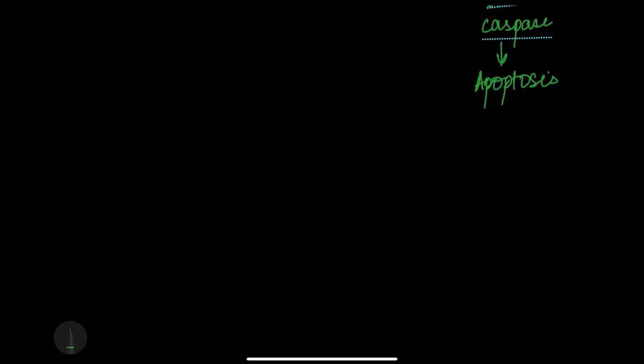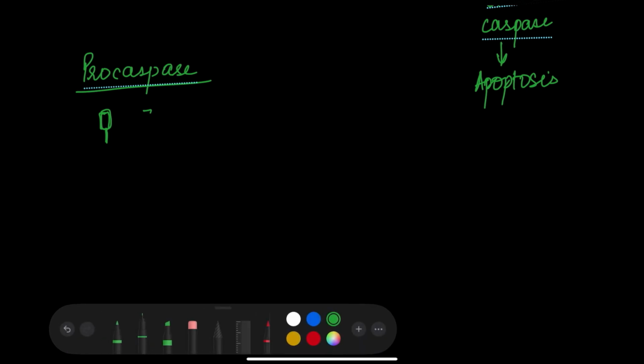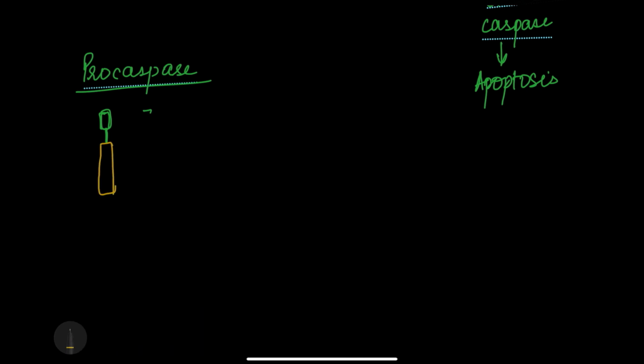What happens in this process? First we see that this is a procaspase, right? It has two terminals, the N terminal and the C terminal, right?